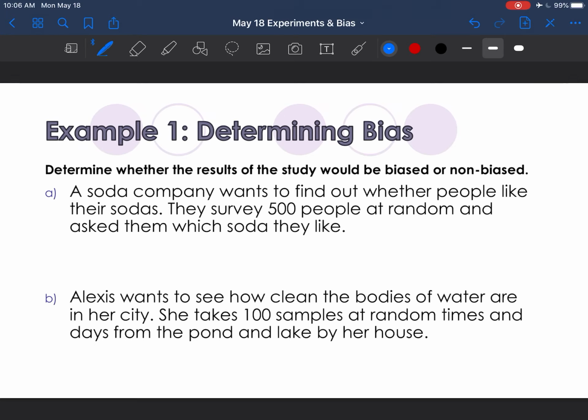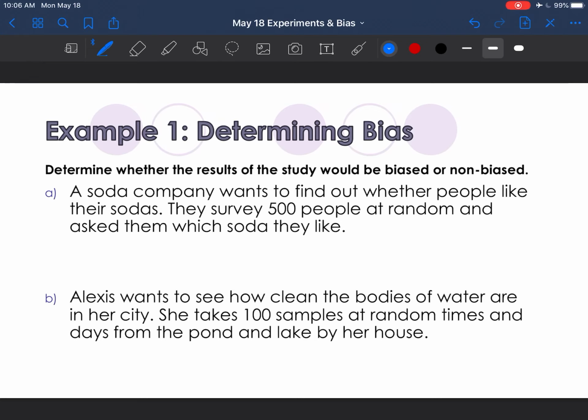The first one, we're going to determine whether the results are going to be biased or not. So the first one says a soda company wants to find out whether people like their sodas. They survey 500 people at random and ask which soda they like. So if you remember, I mentioned before, usually biased results come from having a biased sample.